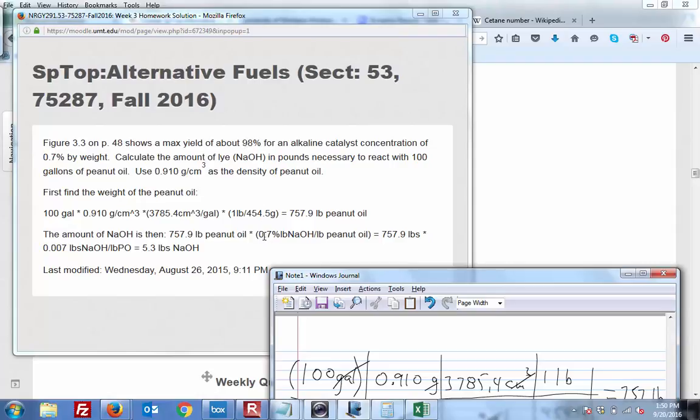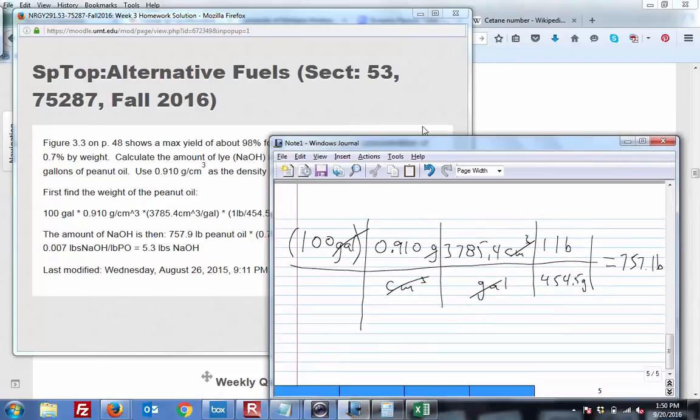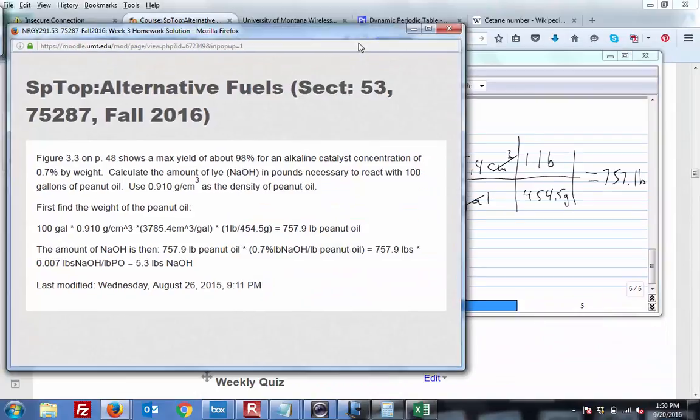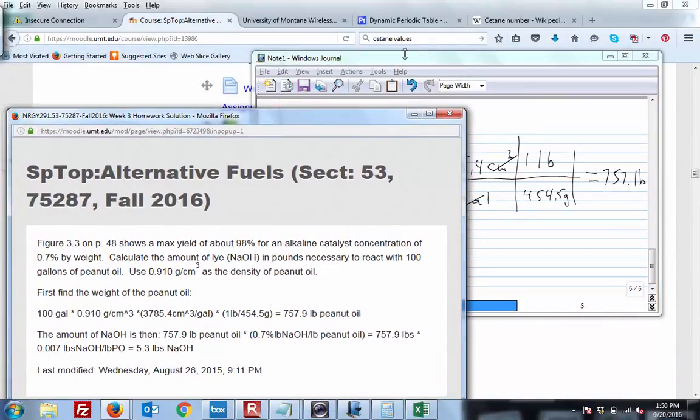So we're going to use 0.7%. Really, we're just looking for 0.7% of 757 pounds. That's really all it comes down to. It's just as simple as that. So let's just finish this problem off.